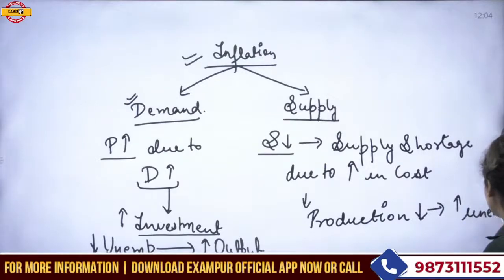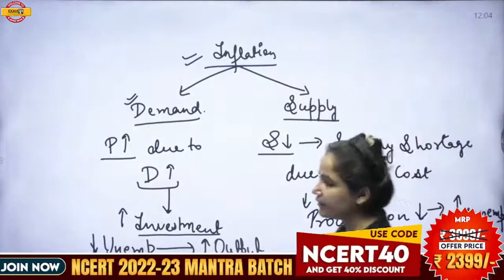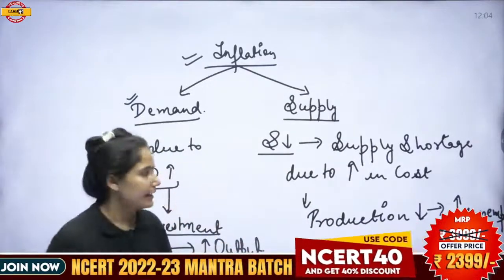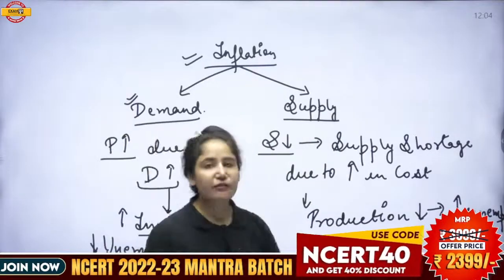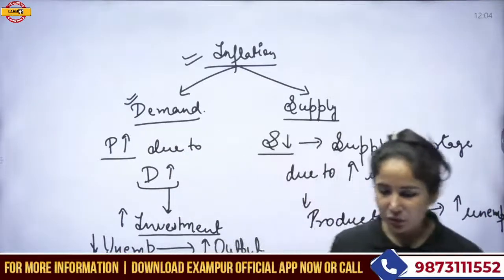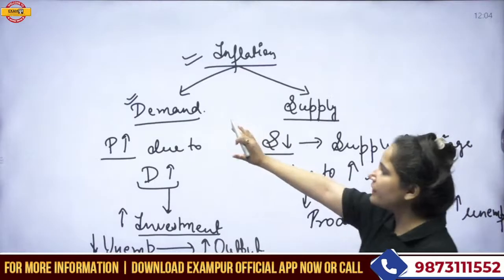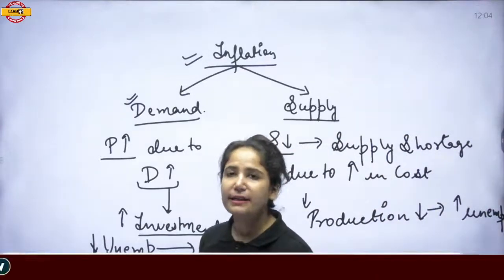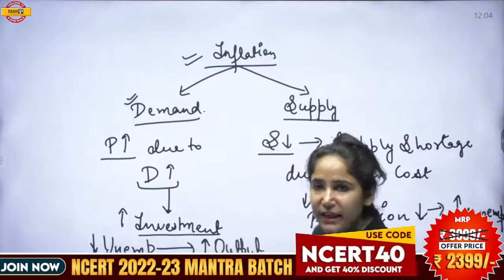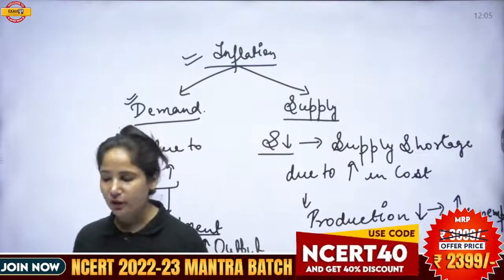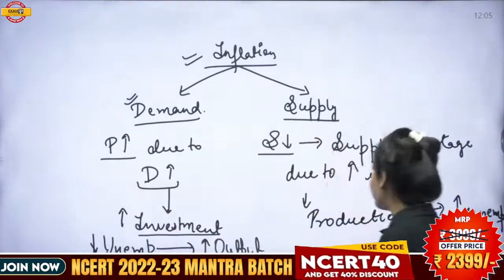So such inflation, in case of shortage on the supply side, would play a negative role in the growth of the economy. But whenever we talk about the demand perspective, it can be considered a positive indicator. It means inflation is not always a negative indicator for the economy.